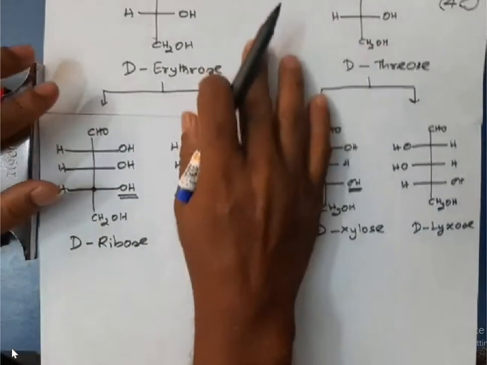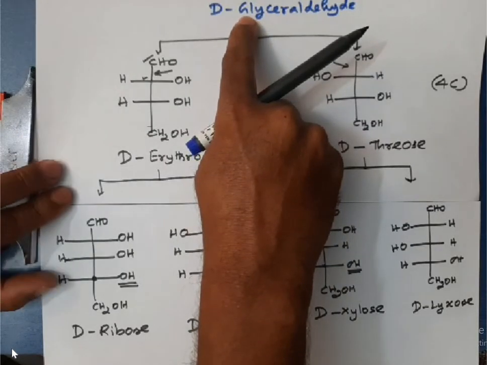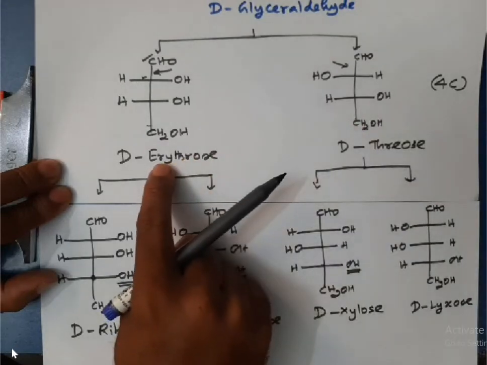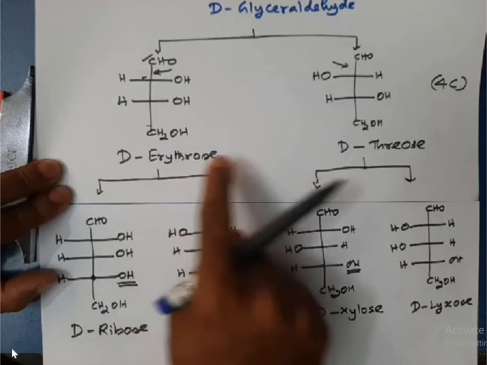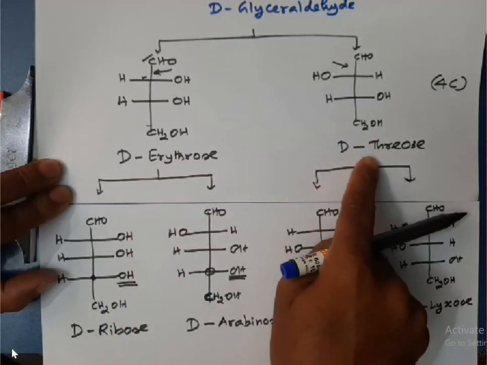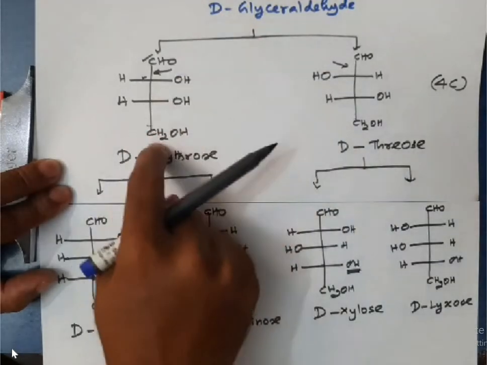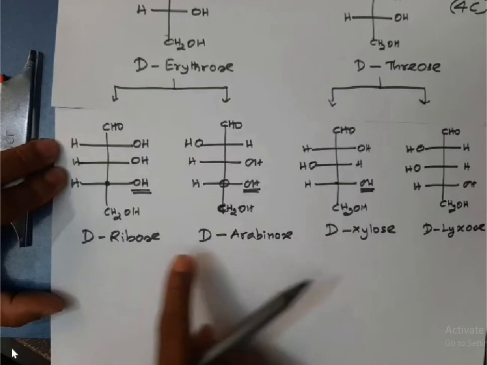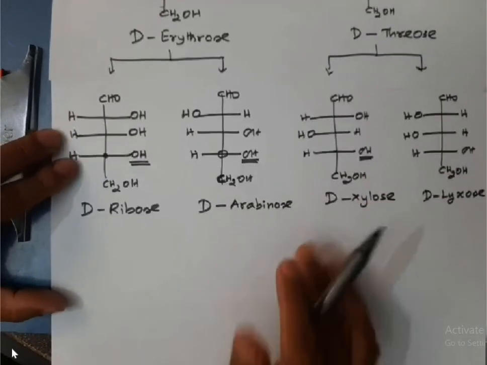The first compound starts with the letter G, and in tetroses we have erythrose and threose, take the first letters E and T, so you'll get G-E-T, get. And here we have R-A-X-L, like Raxel. Let me write like this.